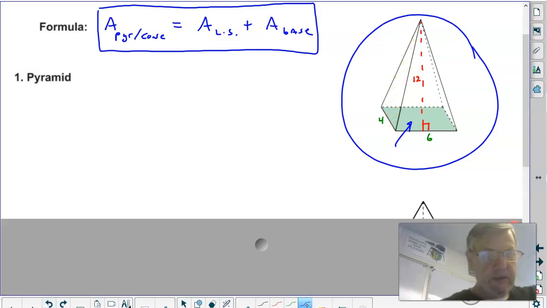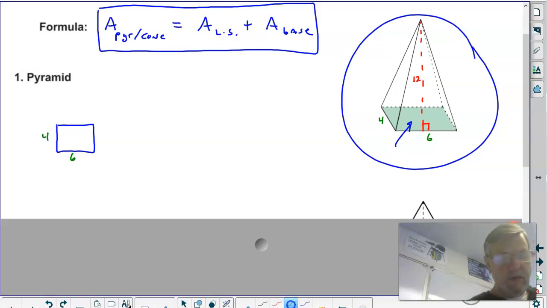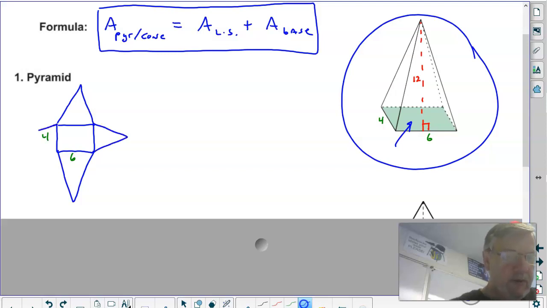Let me do it this way. Here's the base, and notice we have the 6 there and the 4 there. And we are going to have a triangle there, a triangle there, a triangle there, and a triangle there.